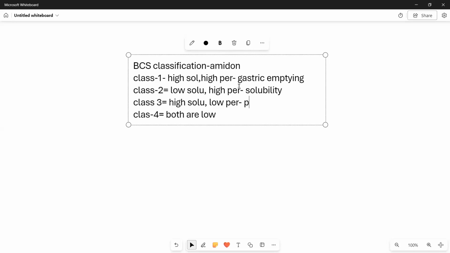And for class 4, it will be both solubility and permeability. Solubility is a static phenomenon, while dissolution is a dynamic phenomenon.